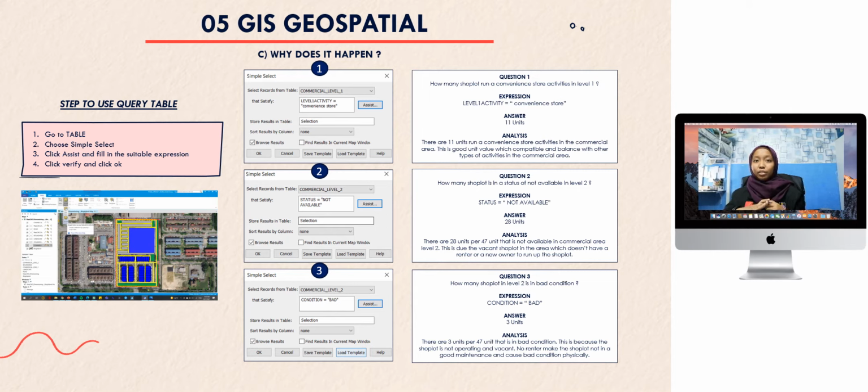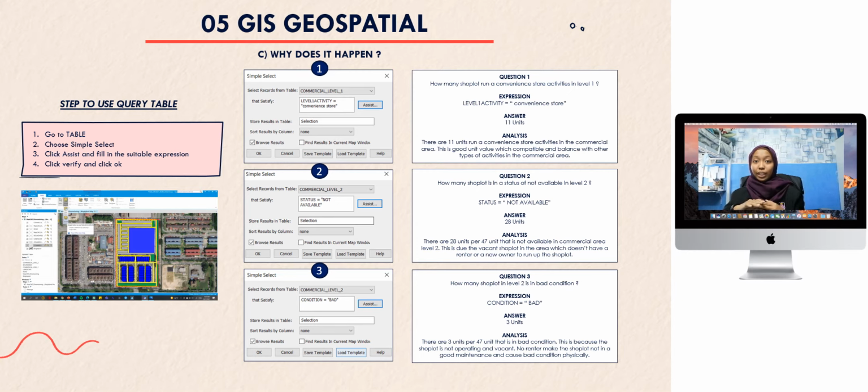And for the first question analysis, there are 11 unit run a convenience store activities in the commercial area. This is good unit value in my area, which I think is compatible and balanced with other type of activities in the commercial area. And the second analysis is due to the vacant shop lot in the area, which doesn't have a renter or new owner to run the vacant shop lot.